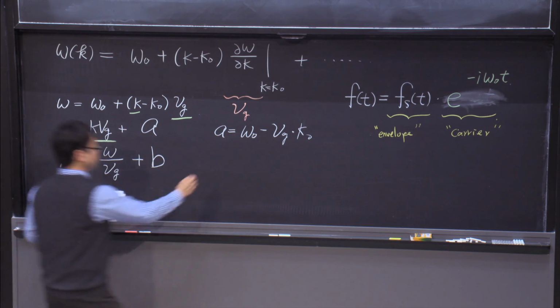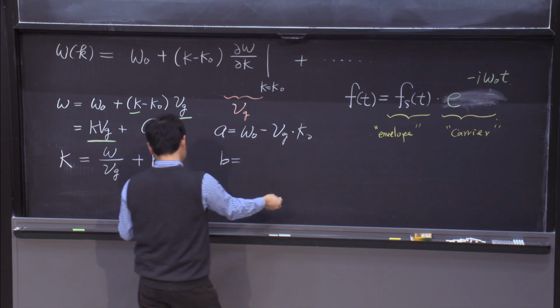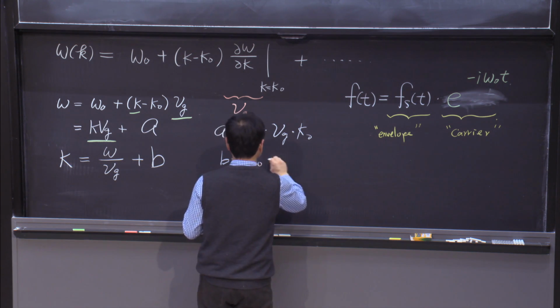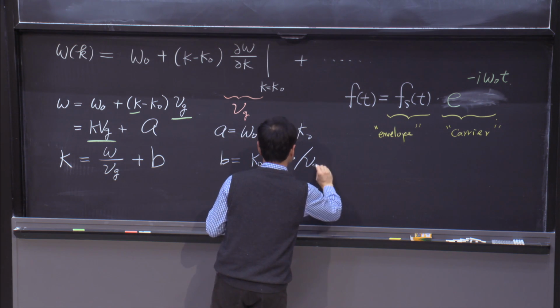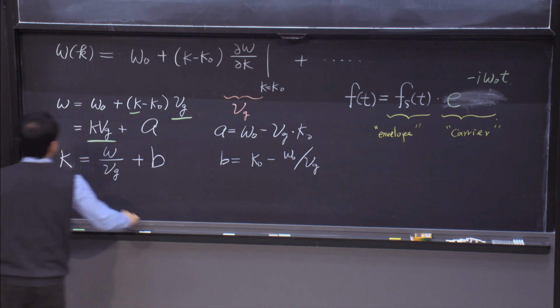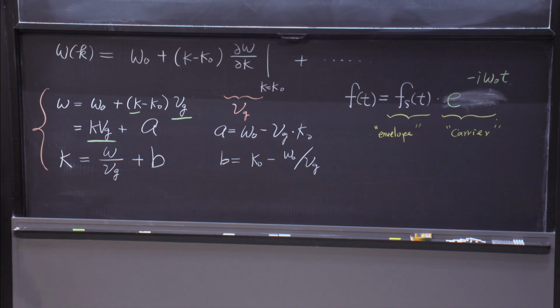Just for convenience, I can write b equal to k0 minus omega 0 divided by vg. What we learn here is that if the range of effective omega is really small around omega 0, then the relation between omega and k becomes a linear function. Okay?